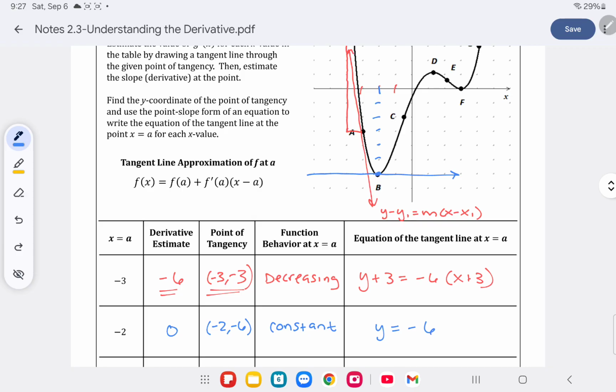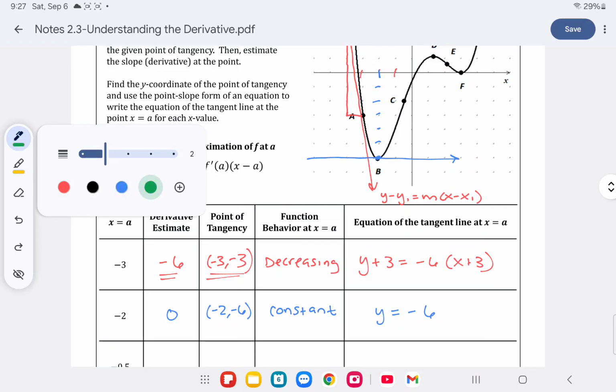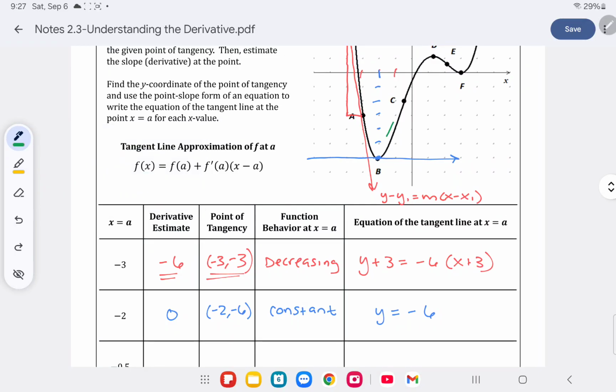At point C, which is when x equals -0.5, that's a positive slope. My line is not very straight. Let's try that again. Let's see.